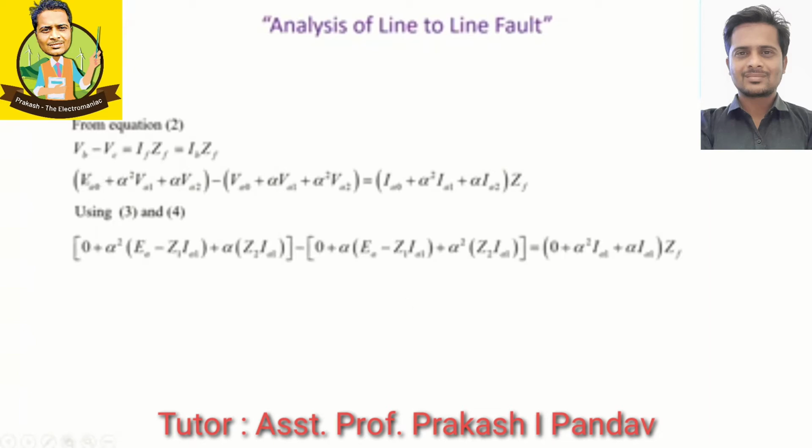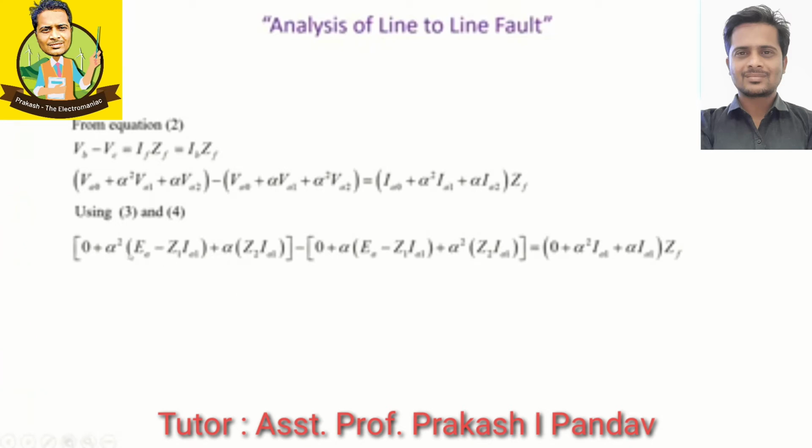So again, if we place the value that we earlier got, the zero sequence voltage is 0, the zero sequence current is 0, and the VA1, VA2 voltages that we are getting from equation 4, we get the following equation.